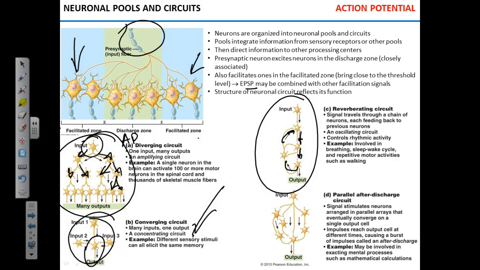It can be motor activities like walking, running, swimming, or breathing, which is also a classical repetitive activity. Does that make sense to you? And that's why it's called reverberating, going back in the circle, repeating itself. Finally, parallel.